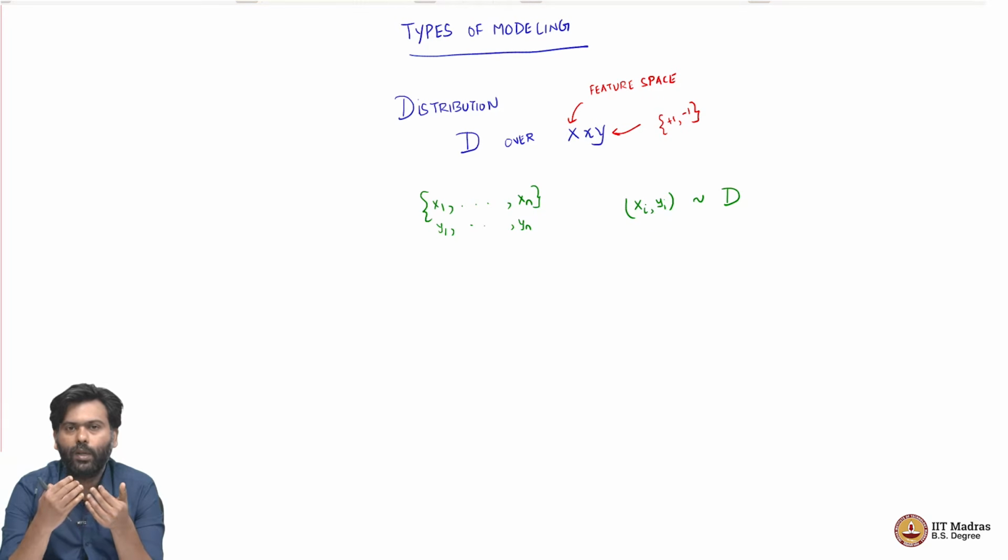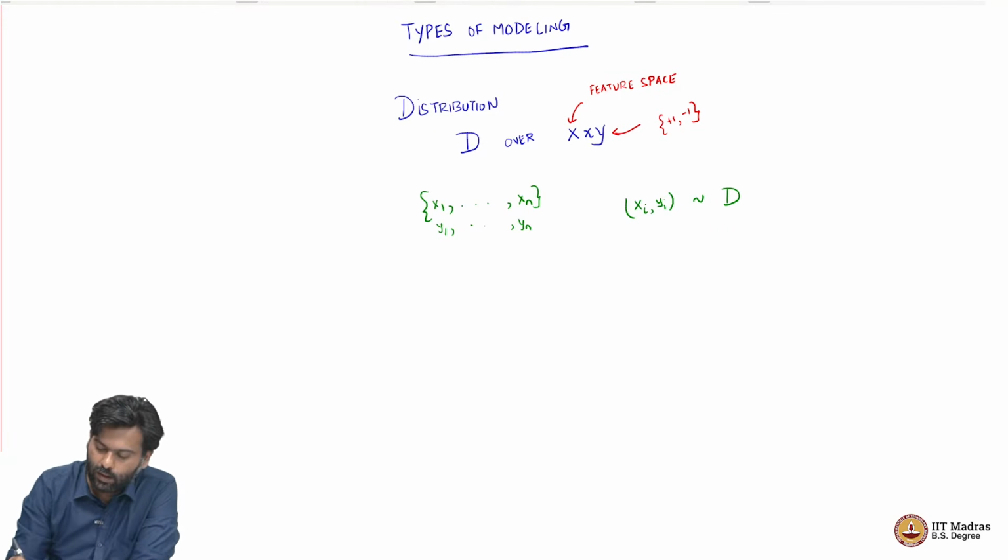The link between the training data and the test data is the fact that we assume there is some underlying distribution D, right. So, this is the link between train and test.